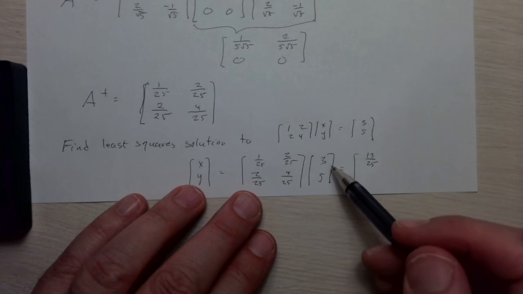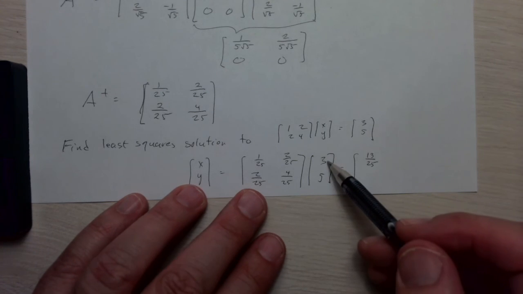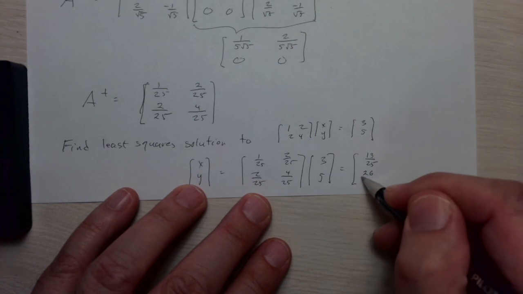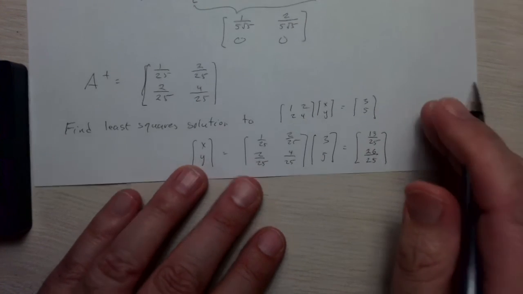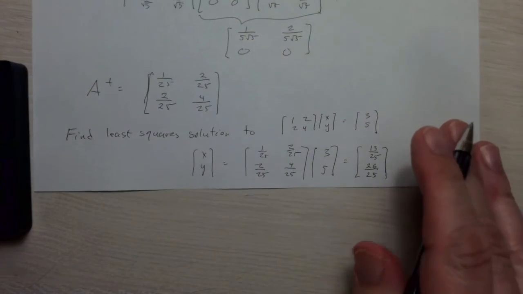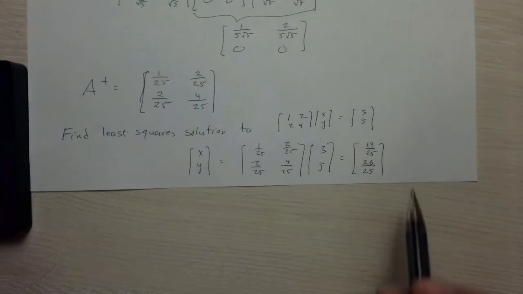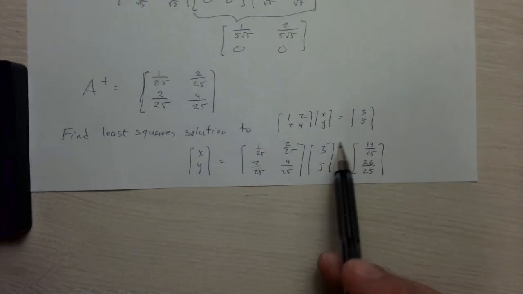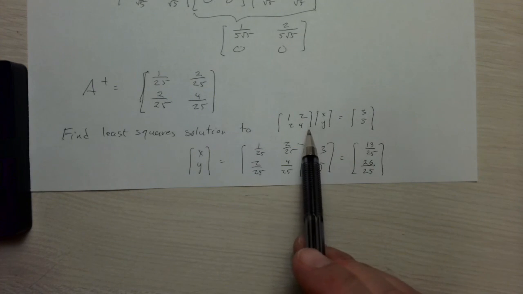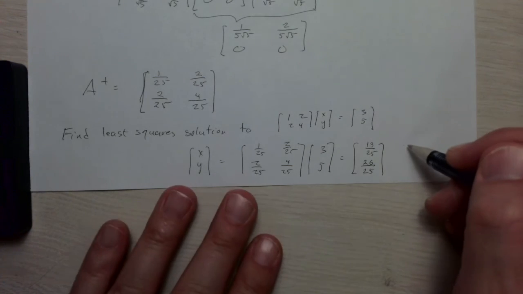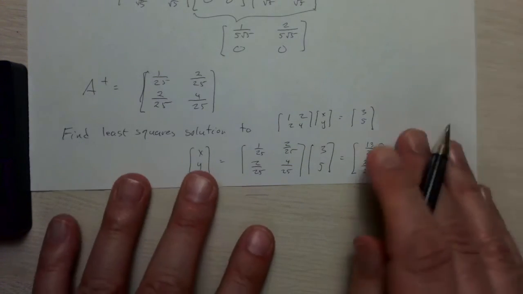And this would be 6 plus 20, that's 26, so this would be 26/25. Assuming I did everything right here. And so that would be the least squares solution. So this would be the value that minimizes the length of Ax minus b.